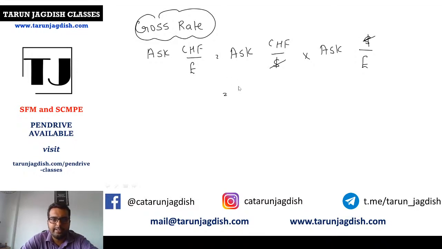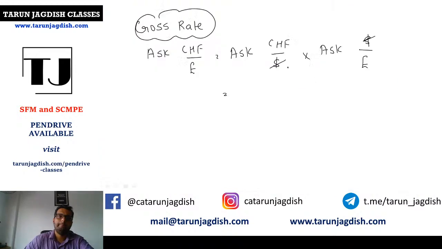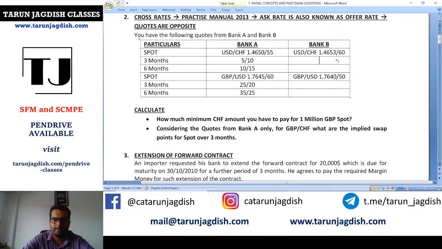Now tell me, ask CHF bar dollar in the first bank is how much? It is 1.4655. In the second bank is how much? 1.4660. Which one is cheaper? Bank A. I take 1.4655. In bracket, I will write down bank A into, what about the second one? Ask dollar bar sterling, it is 1.7660 and 1.7650.